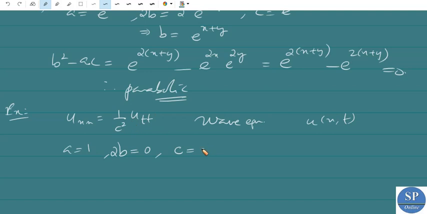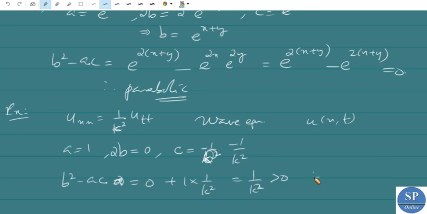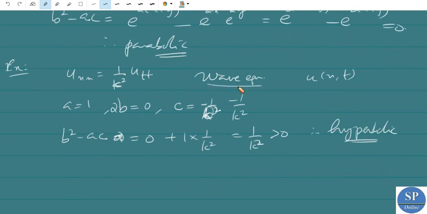We can take this constant as k square, so c is minus 1 by k square. Therefore b square minus ac is 0 minus a into c, where a is 1 and c is minus 1 by k square, which equals 1 by k square, which is greater than 0. Therefore hyperbolic. So this wave equation is hyperbolic.